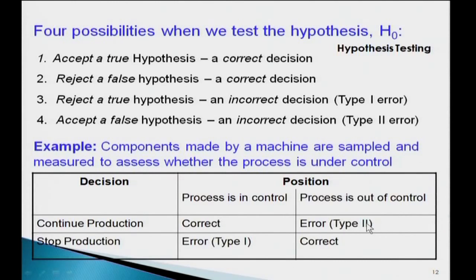Such an error of accepting something false, here the faulty items were more than the specified limit, still you allowed the production to take place, is type 2 error. And if the process is out of control and you stop production, that is a correct decision.